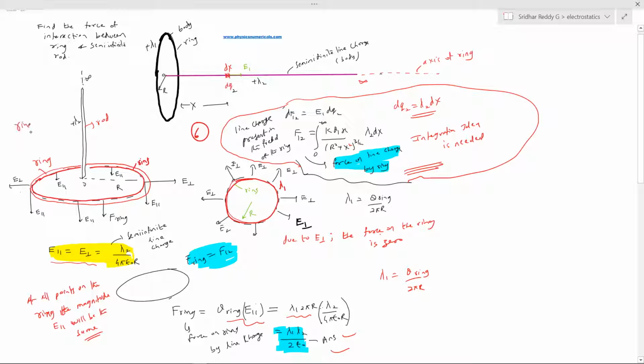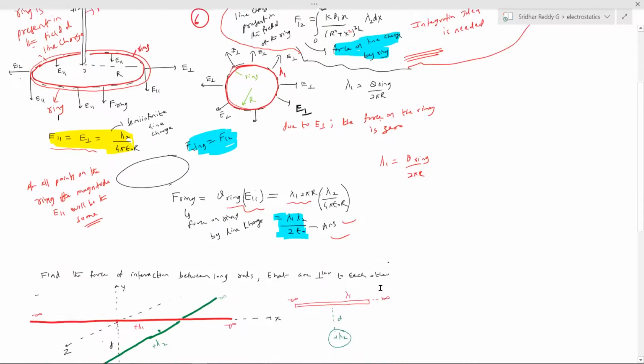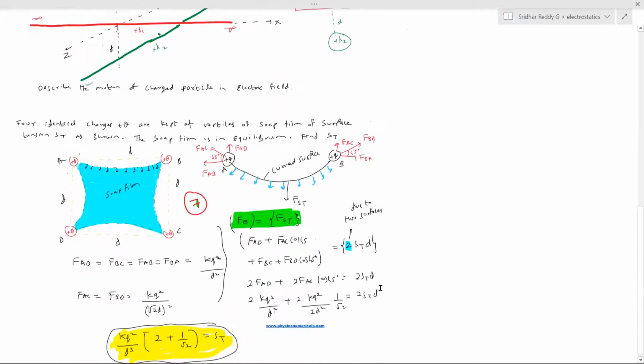This is what is here. Which will be much easier, I think, the second method. This will be our answer. Very, very simple, some math based one. Now we'll take the next one.